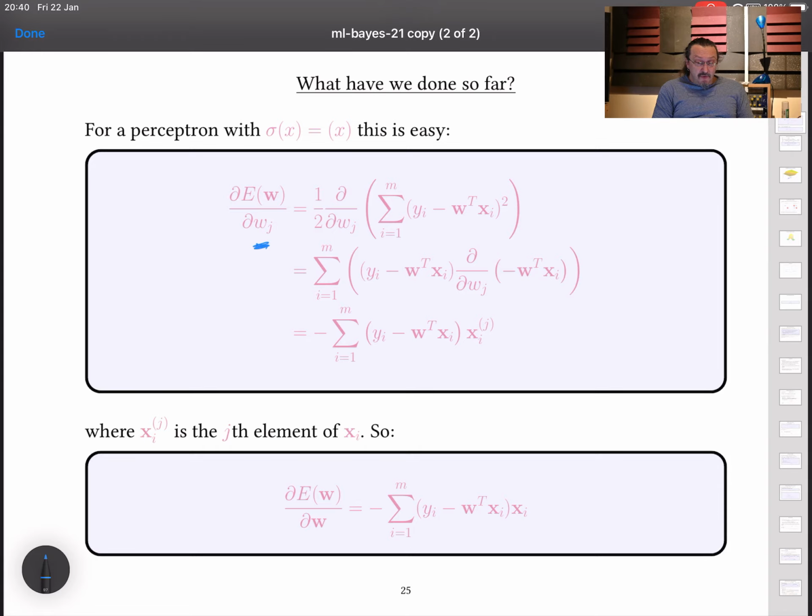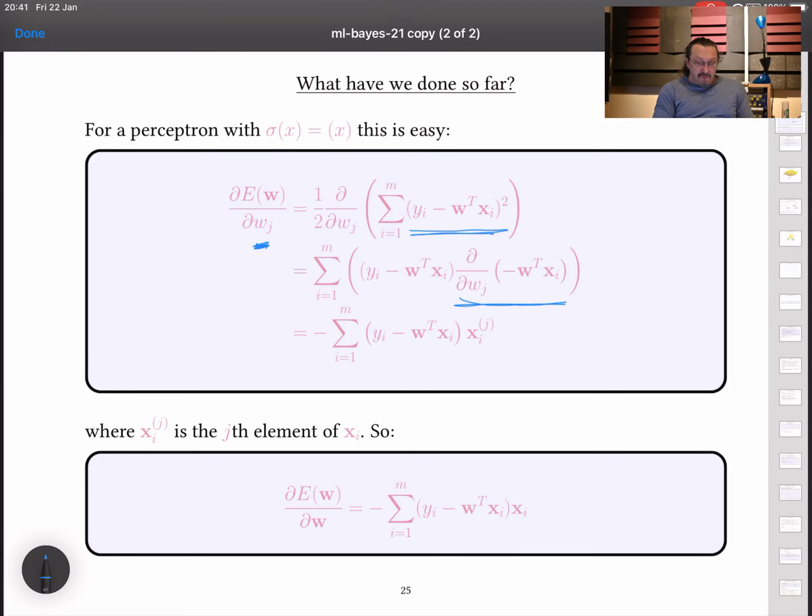And that's straightforward. I've written this out in full essentially in the first line. In the second line, I exploit the fact that differentiation is linear, so I can take the derivative through the summation. Then I have a function of a function. I actually want to do the derivative of this, so it's twice the thing in brackets. That factor of 2 cancels out the half, and then I need to differentiate the thing in brackets. Y doesn't depend on Wj, so it disappears, and I just need this derivative here.